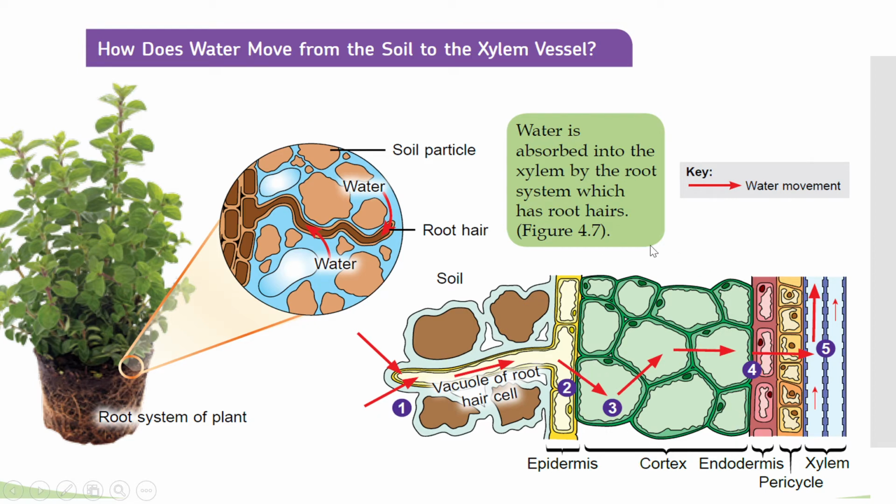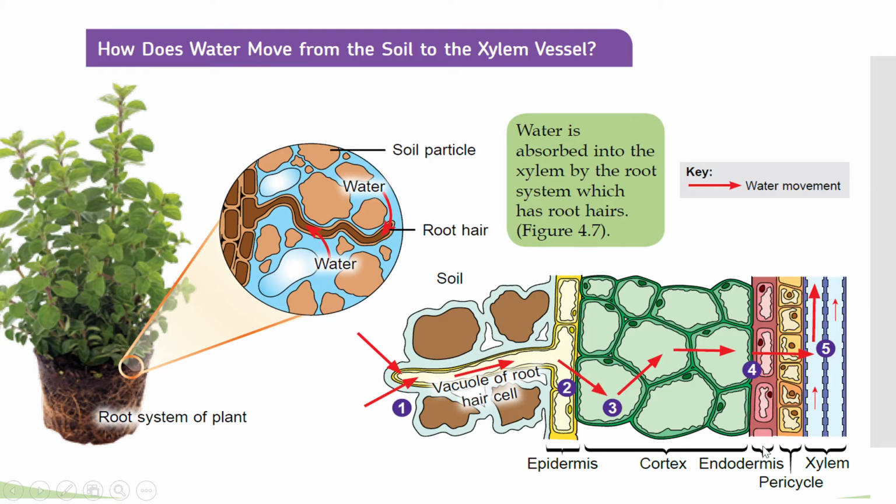This area is the cortex. Now revision: what are the main cells that form the cortex? Hint, they are the ground tissue. Another hint is you can easily identify this ground tissue by looking at the big vacuoles for water storage. That's the parenchyma cells.